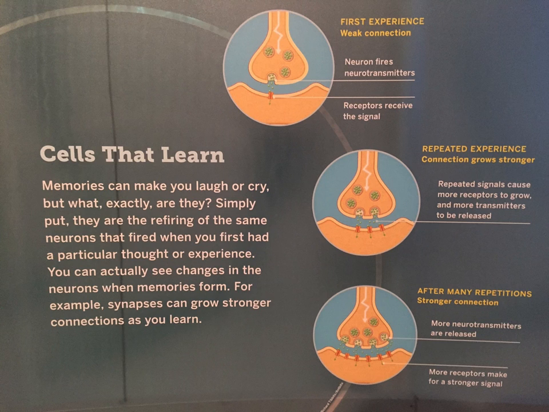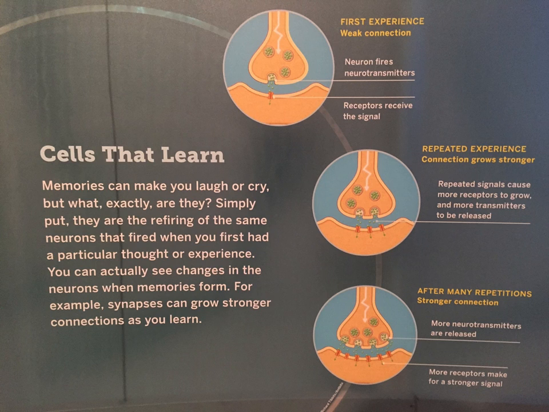What we see is that more receptors will actually grow on that postsynaptic neuron, on that second neuron. They'll get more locks for these keys that are being released. So instead of having one lock for these 15 keys that have to get across, we'll start to get more and more locks for these keys. As this goes on and on after many repetitions, this becomes a really, really strong connection.